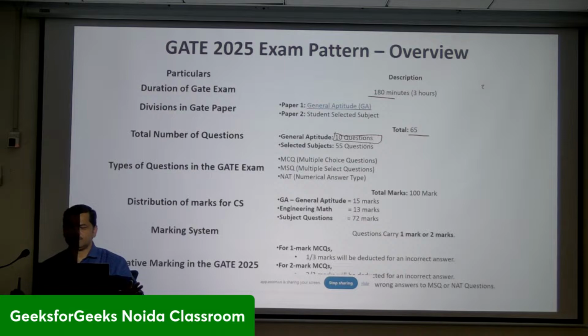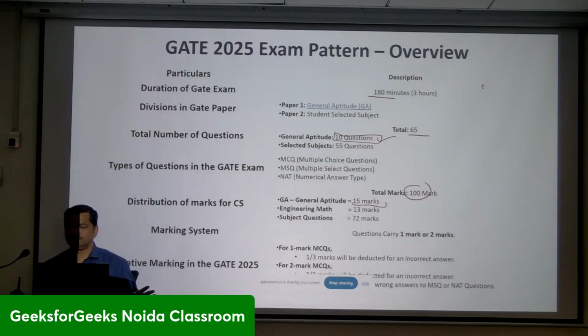So this is the first paper, and it is going to be 10 questions. The marks weightage is given as 15, so it has 15% weightage of the entire paper because it has 100 marks.